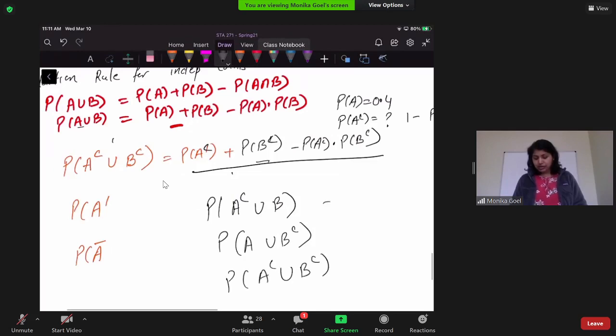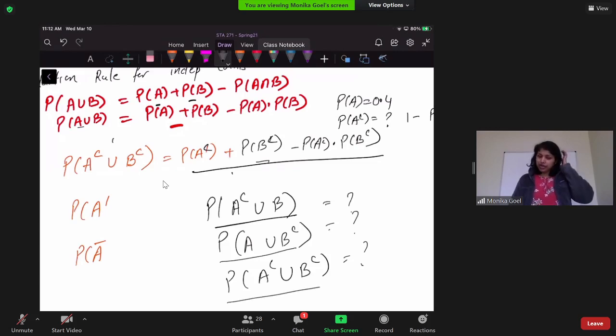It is asking you all these questions. So once you know the probability of A and the probability of B, you can find its complement, see what the question is asking, this part or this part, and then you can do that.